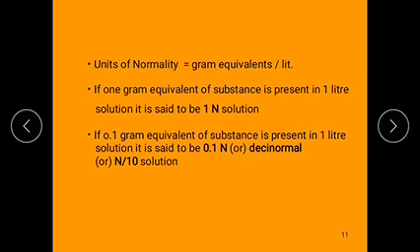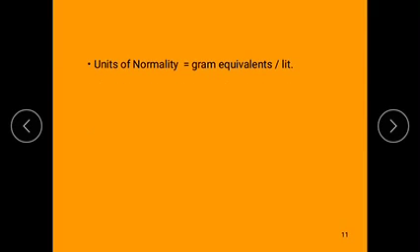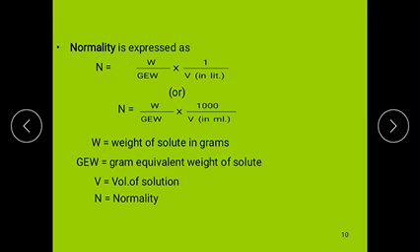If 0.1 gram equivalent of solute is present in 1 liter of solution, it is said to be a 0.1N solution, or decinormal solution, or N by 10 solution. Mainly, the expression for normality is N equals W by GeW into 1 by V in liters.